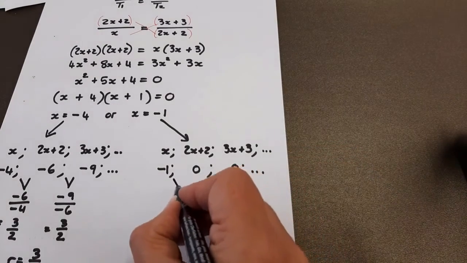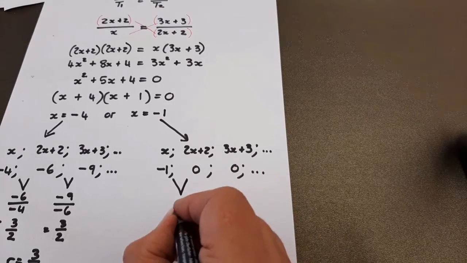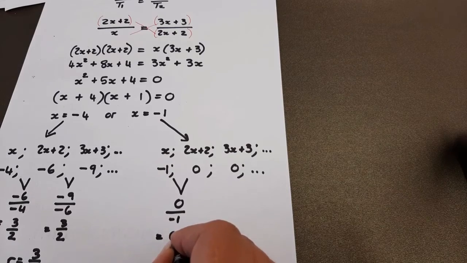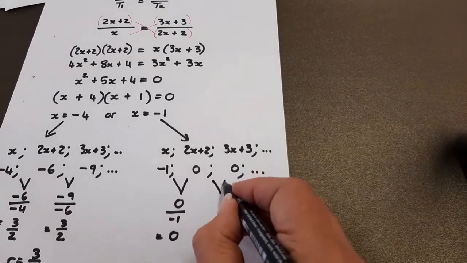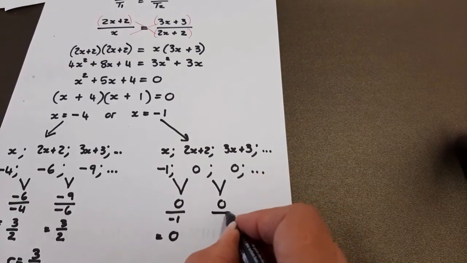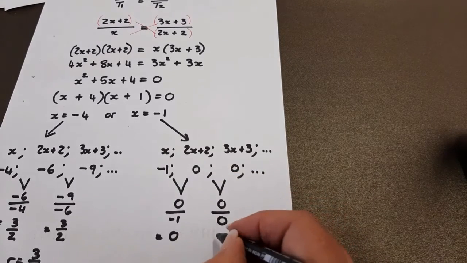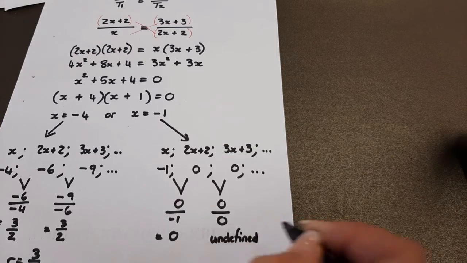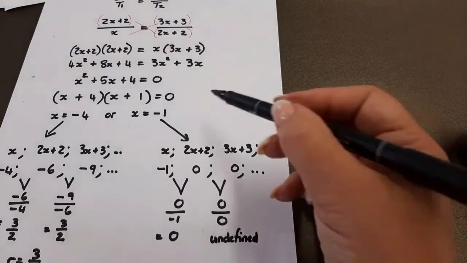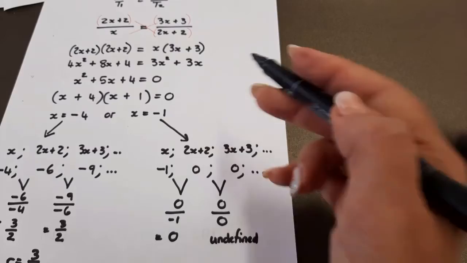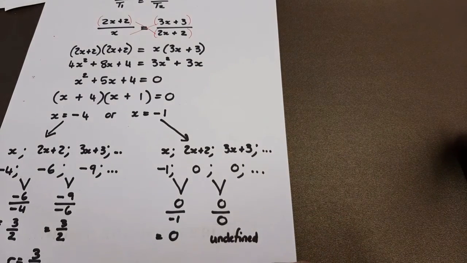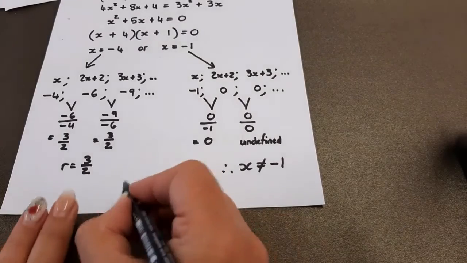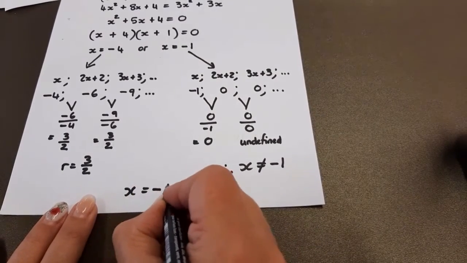Now let's get our ratios. 0 divided by minus 1 is 0. 0 divided by 0 is undefined. Therefore, it can't be minus 1. x can't be minus 1. It has to be minus 4.